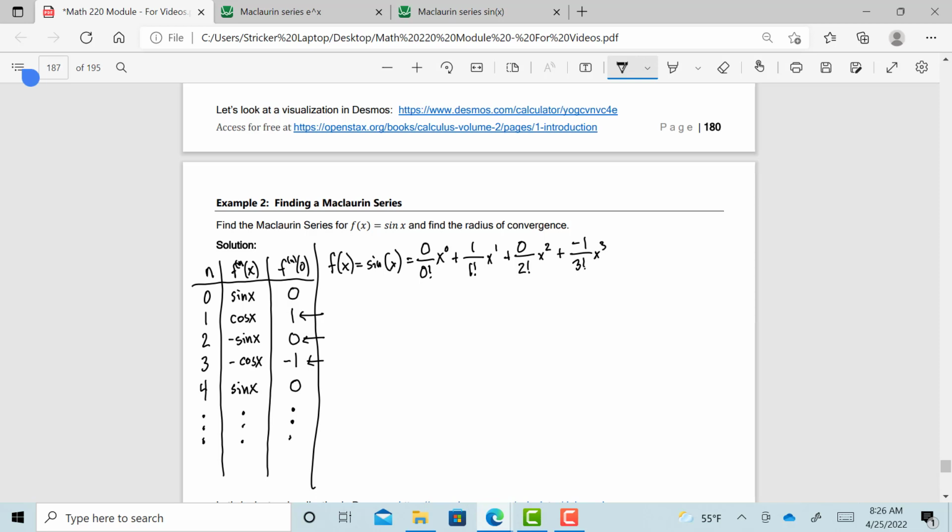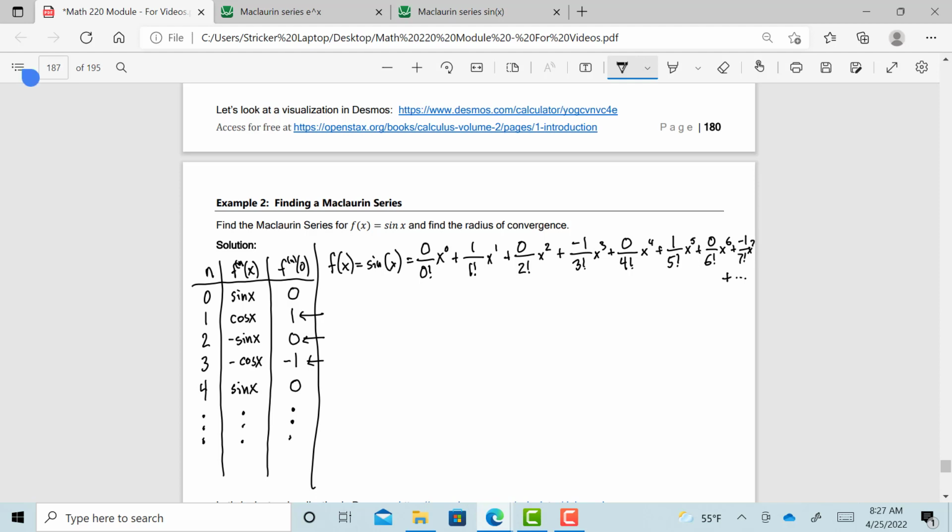And we could keep going here, so we follow this pattern for 4 factorial times x to the fourth plus 1 over 5 factorial times x to the fifth plus 0 over 6 factorial times x to the sixth. Let's do one more. Plus negative 1 over 7 factorial times x to the seventh plus dot, dot, dot.